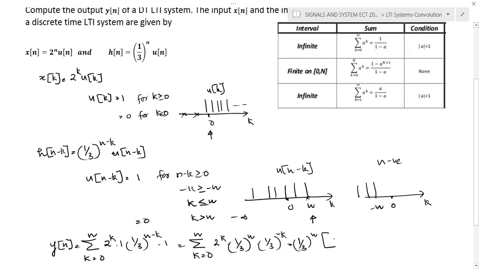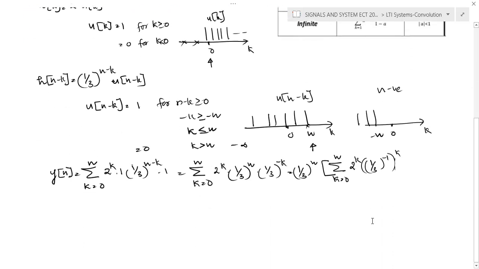In the remaining term, 1 by 3 the whole raised to minus 1 is 3, so we get 3 raised to k. The equation becomes 1 by 3 the whole raised to n, sigma k equals 0 to n, 2 into 3 the whole raised to k.